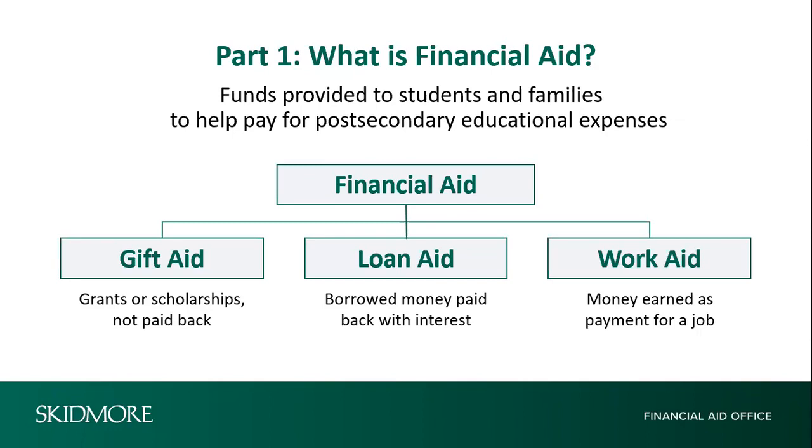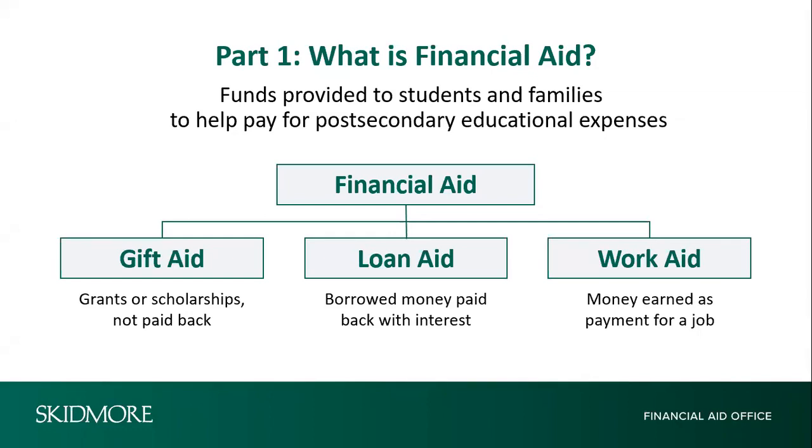So I always like to start with this overview when I'm talking to families and students about financial aid. So what is financial aid? Financial aid, simply put, are funds provided to students to help them afford and pay for their college expenses. Financial aid can be put into one of these 3 categories.